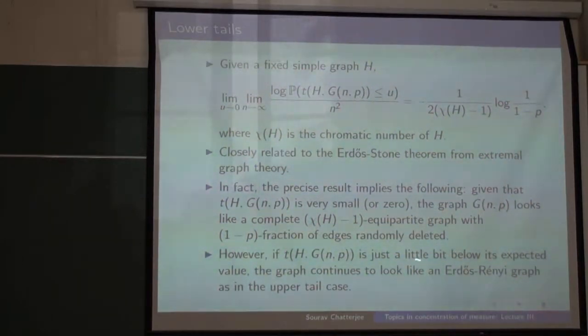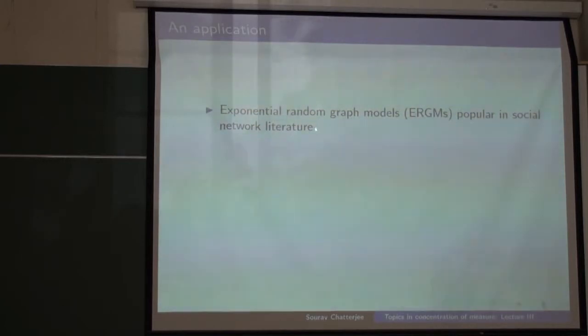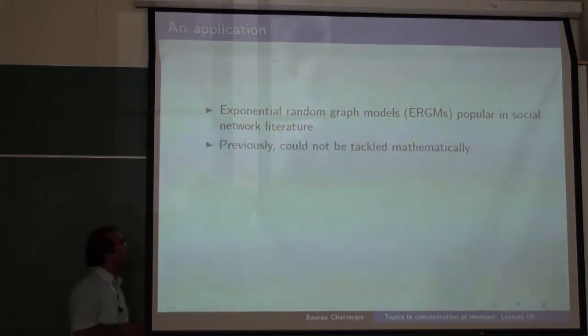Again, here also, if this is just a little bit below the expected value, the graph continues to look like an Erdős-Rényi graph. Some applications: exponential random graph models. These are popular in the social network literature, or in some parts of statistics, so these things could not be tackled mathematically.